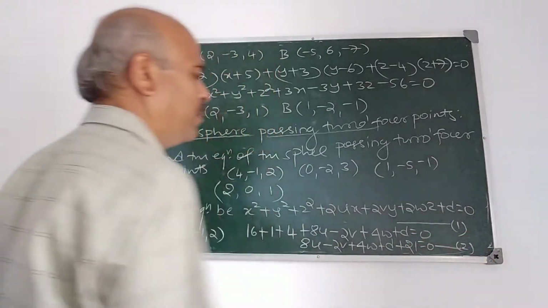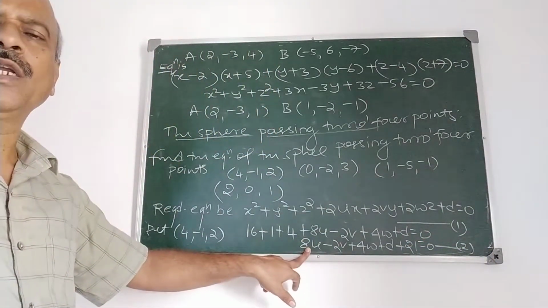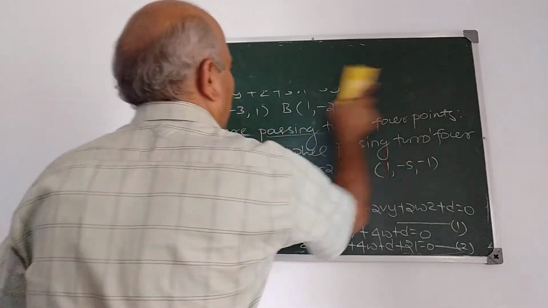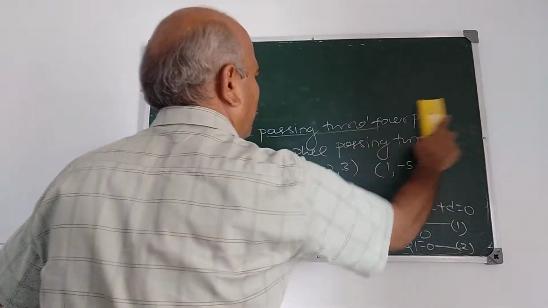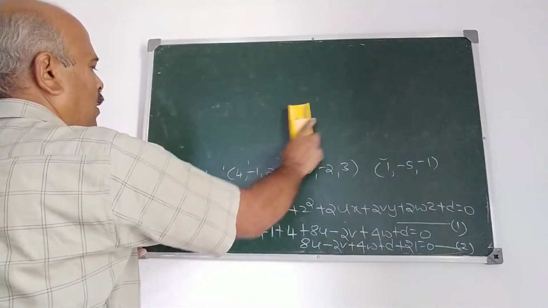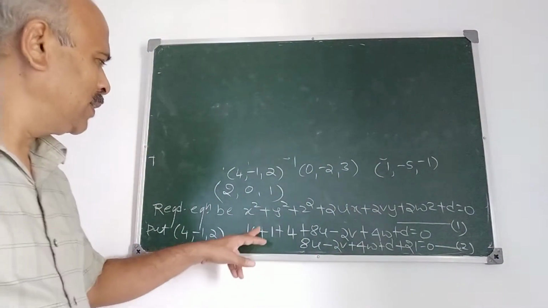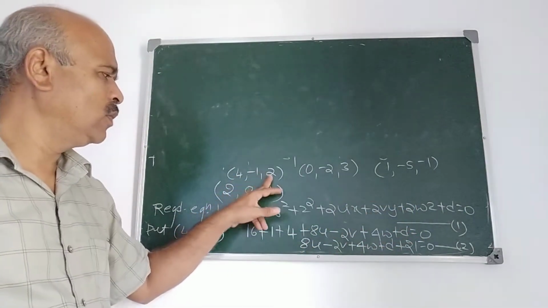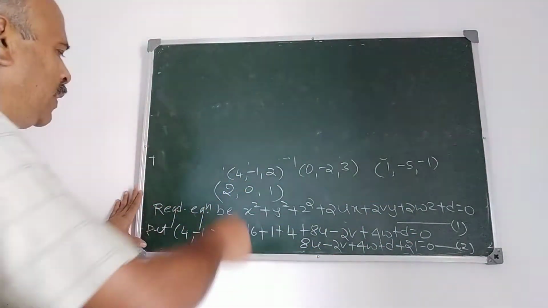This is 2. We get this type of 4 equations in u, v, w, d. I think you followed how this is obtained. Substituting (4, -1, 2) in the equation, x = 4, y = -1, z = 2, we get this equation.